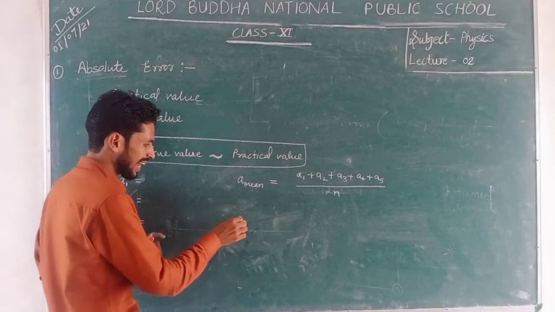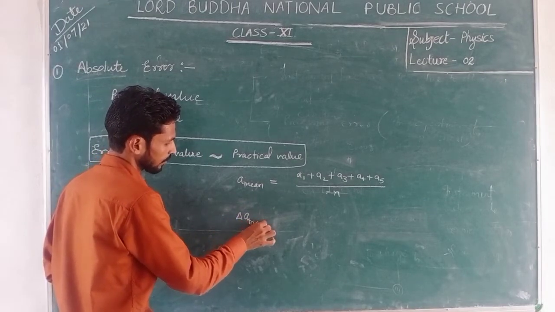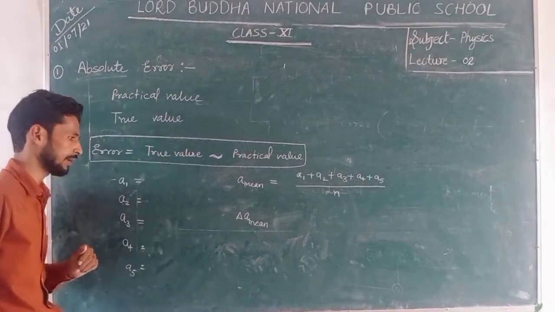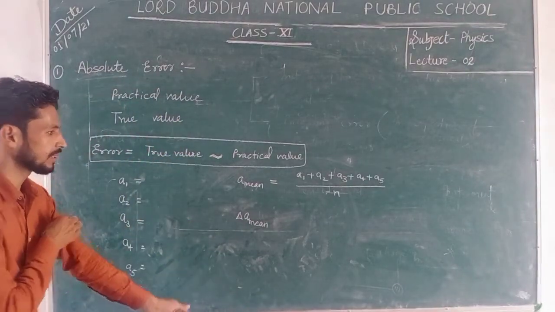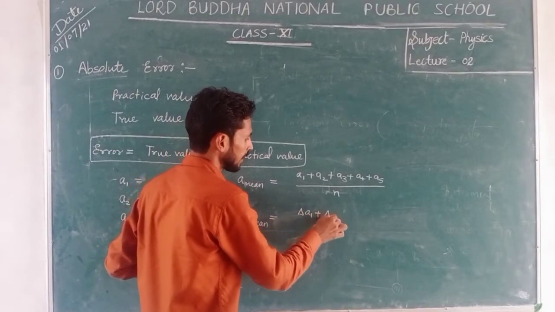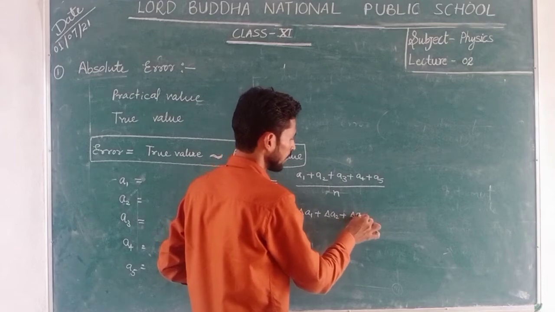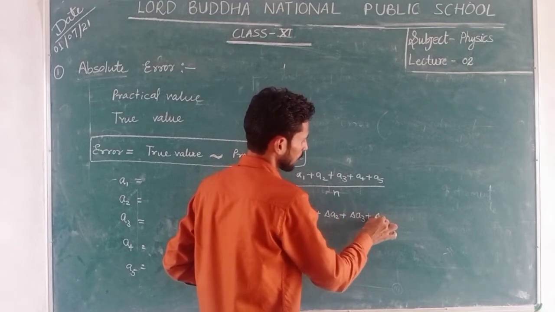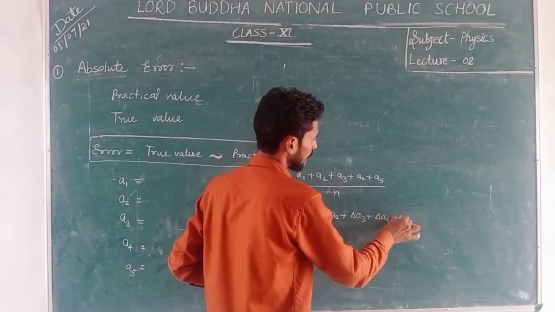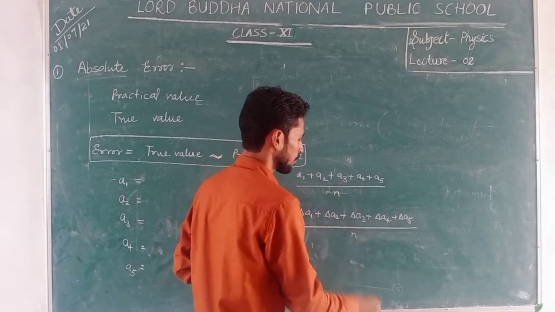And also we have to calculate delta A mean. Now what is delta A mean? Delta A mean equals delta A1 plus delta A2 plus delta A3 plus delta A4 plus delta A5 divided by the number of terms.